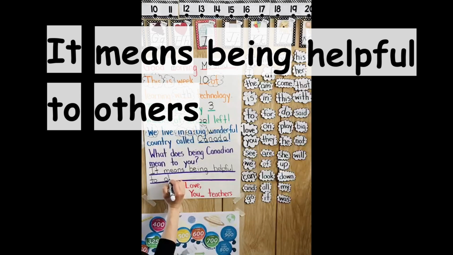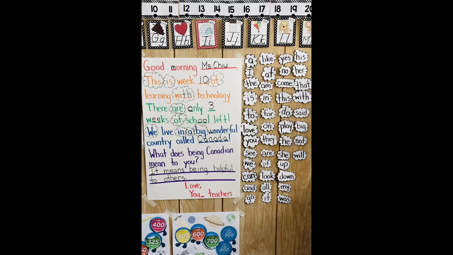O, th is T-H, and then ers is E-R-S, and a period at the end. What does being Canadian mean to you? It means being helpful to others. Being helpful to others is helping others in need. It can also mean standing up for others who aren't being treated fairly.